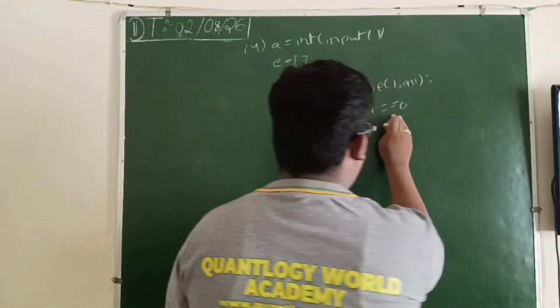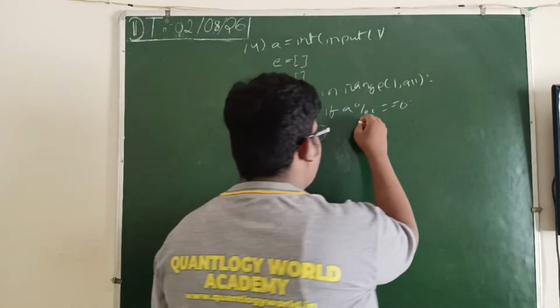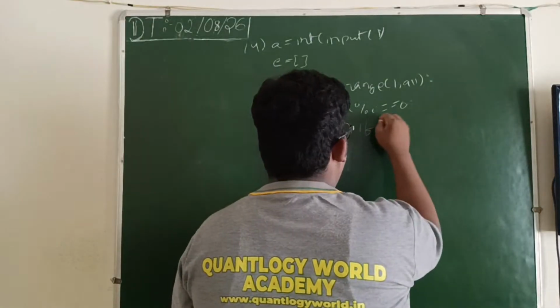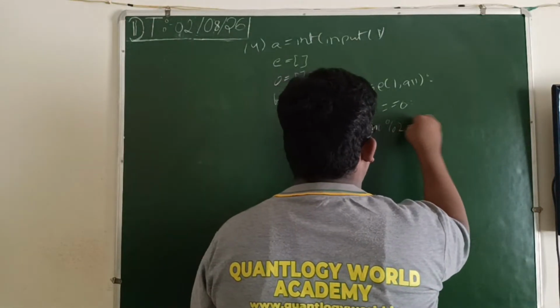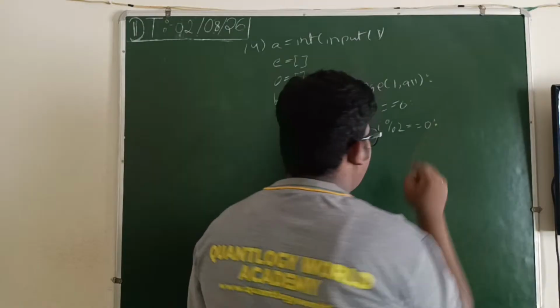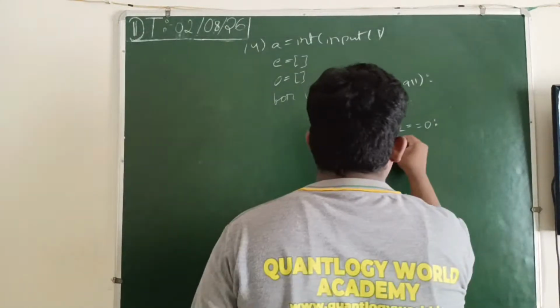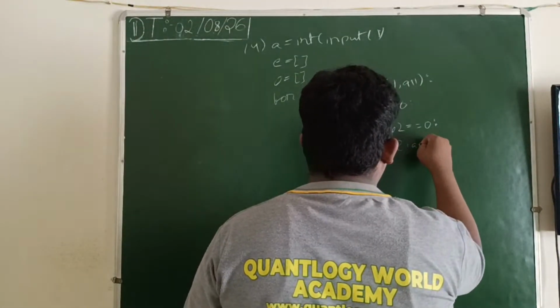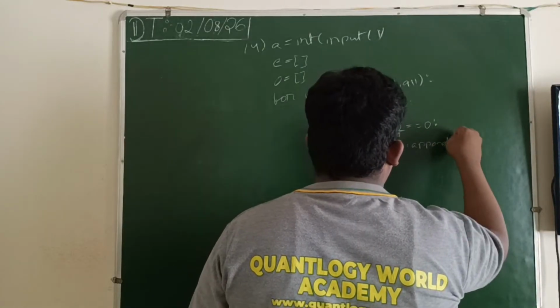If a percent i double equal to 0, which checks the factor, then we'll write if i percent 2 double equal to 0, which checks it is an even number, then E dot append i.